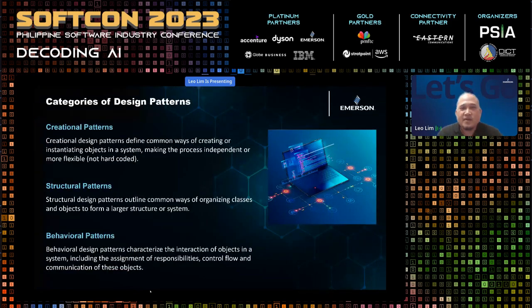There are many, many more design patterns related to object-oriented programming. You can look them up. But there's basically three classifications or categories. We have the creational patterns, which are design patterns that define the common ways of instantiating or creating an object in a system. What these patterns do is make the process independent.